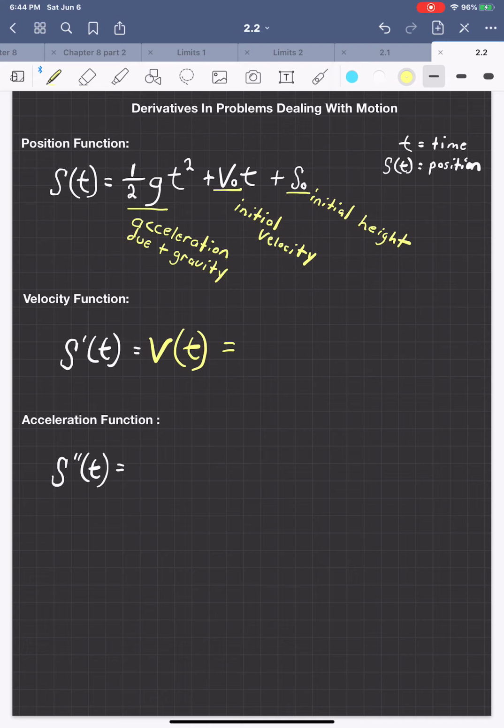Now, again, there's a difference between speed and velocity. Velocity is a vector. It deals with displacement, so velocities can be negative or positive or 0. I hope that makes sense.